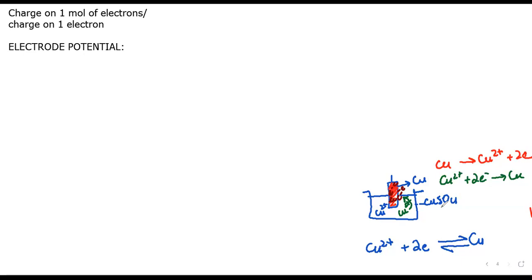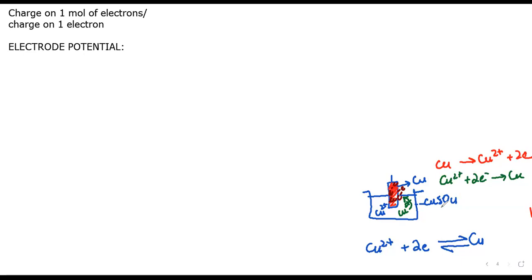One system is zinc and zinc sulfate. The other one is copper and copper sulfate. I can measure the difference in voltage between the two systems. That difference in voltage is what I will call electrode potential, right?